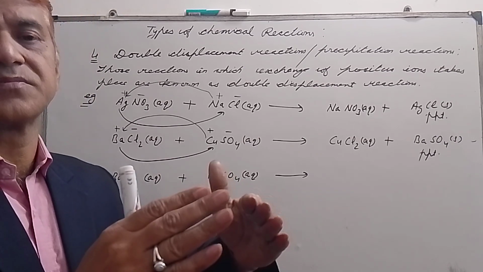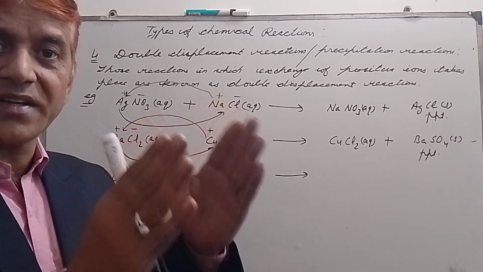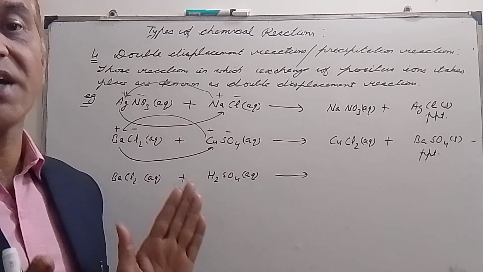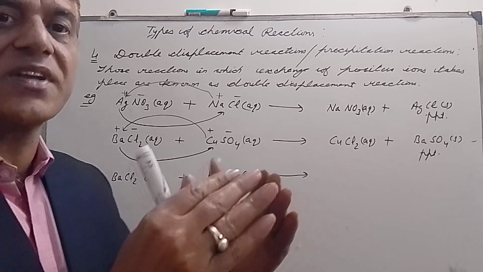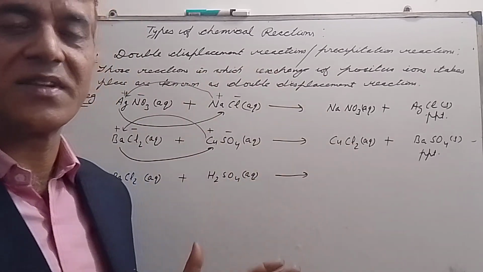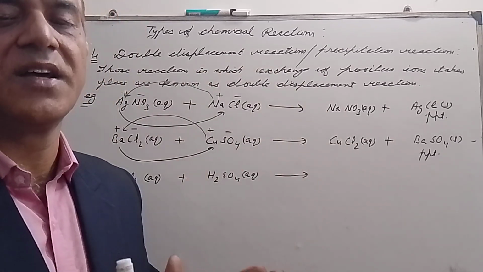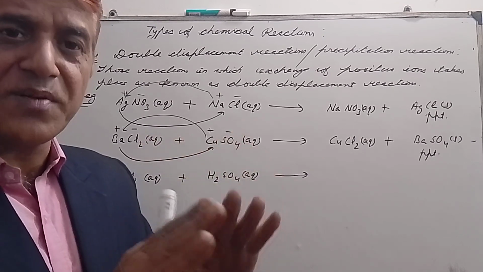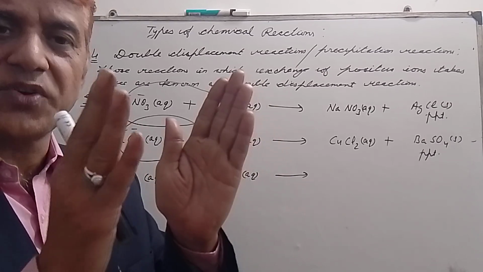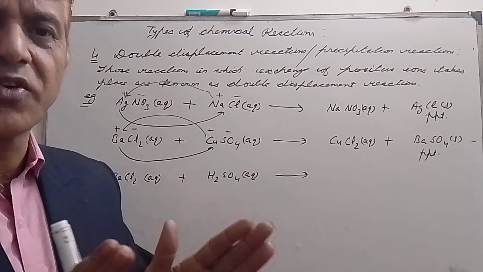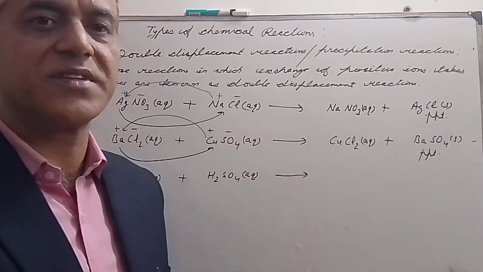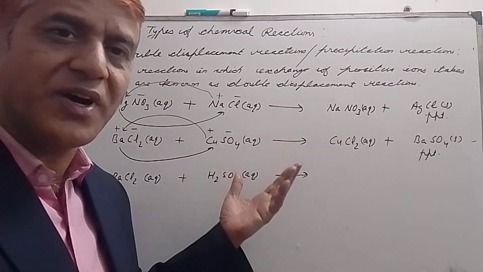But acids are ionic in nature too. Actually they are covalent compounds, but they also ionize. So generally covalent compounds are non-ionic, but we have some covalent compounds which are also ionic in nature.